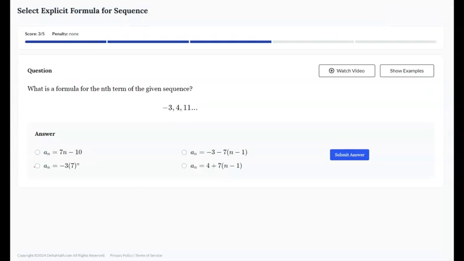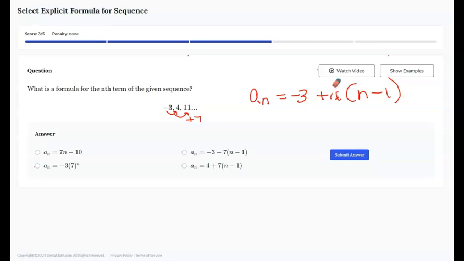So this one looks like it is adding 7 each time, so that makes this arithmetic. So the answer in the first position plus the common difference times the quantity n minus 1. So my answer in the first position is -3. So I'm going to type that here.